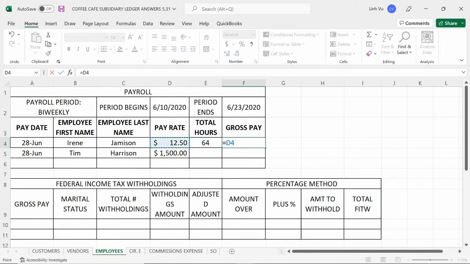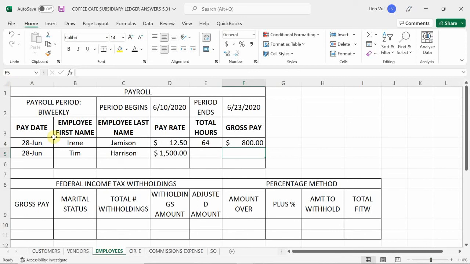So what is her total gross pay? $800 even.